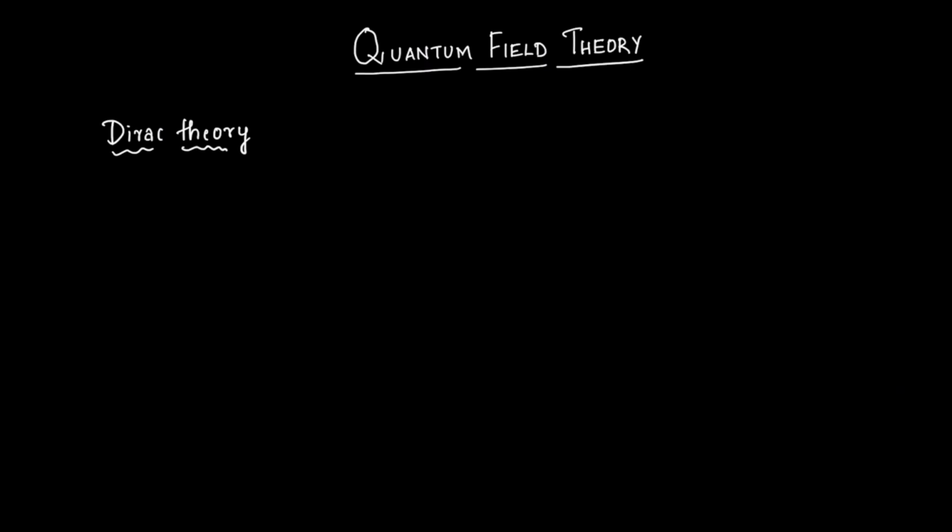So we know that the Schrodinger equation is given by i partial t psi is equal to H psi, right? And it is first order in time derivative but is Lorentz covariant. Means that this equation has the same form when you go to a different frame.